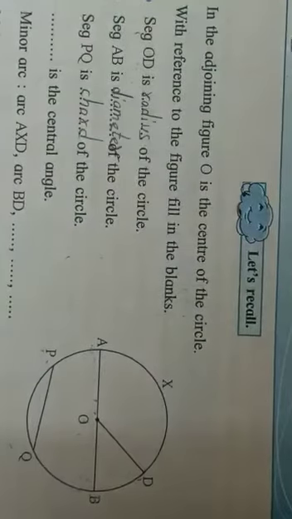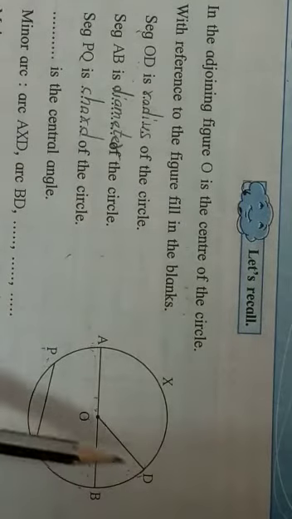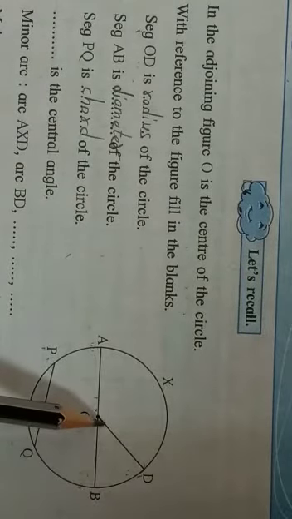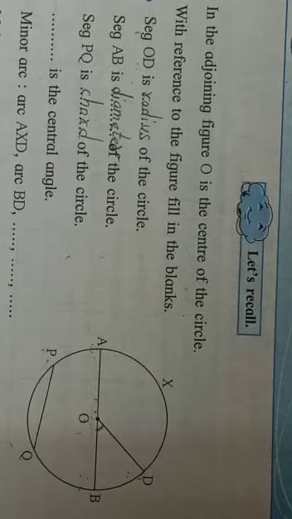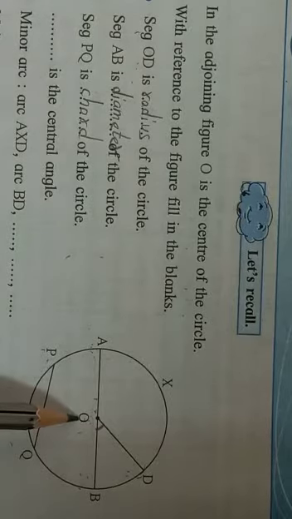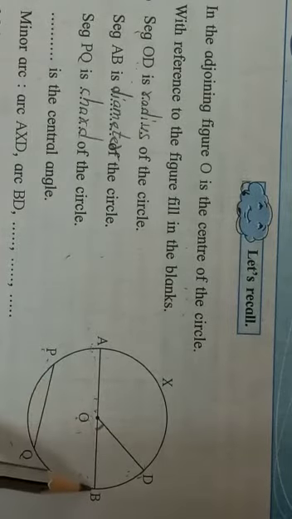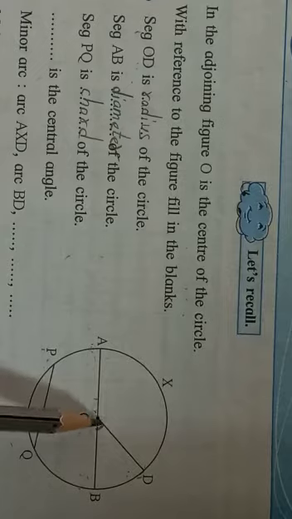Here you can see very well, angle DOB is also called the central angle. Why is it called the central angle? Because O is the center of the circle, and for angle DOB it is the vertex. So the vertex of the angle is the center of the circle.